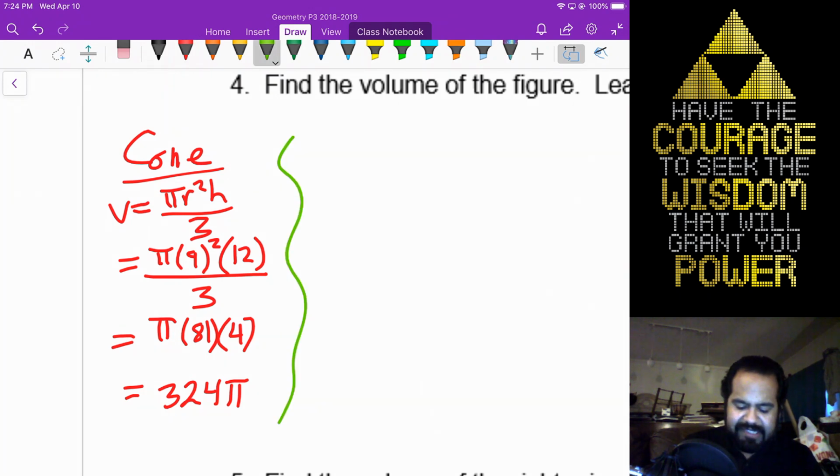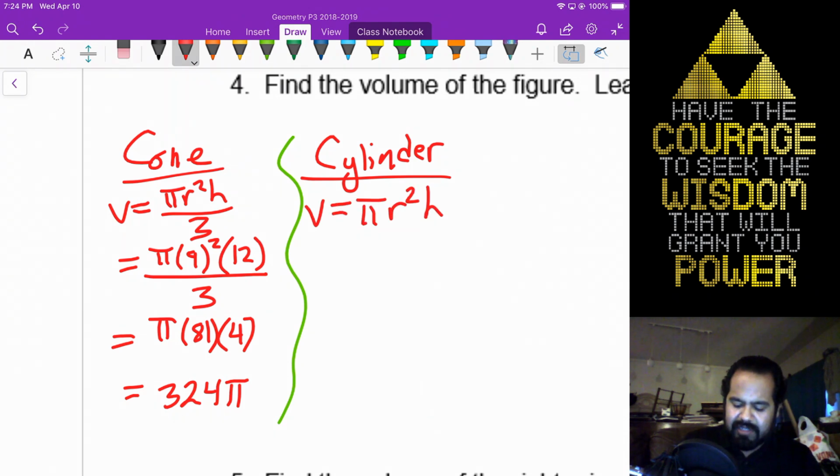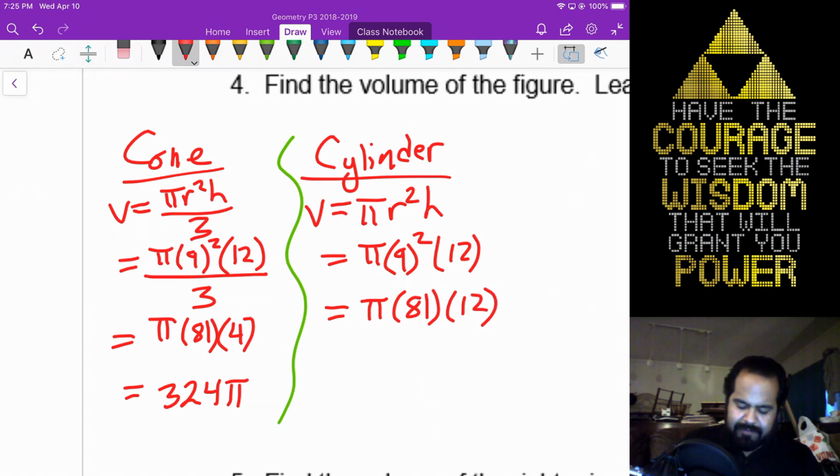Now we've got to do our cylinder. All right, so that one again, now we're doing pi r squared h. We don't have to divide by 3. Radius is the same. Height is the same. So the fun part, 81 times 12.